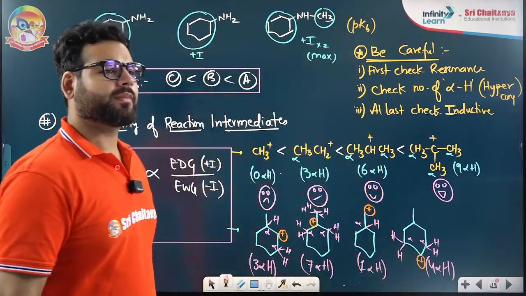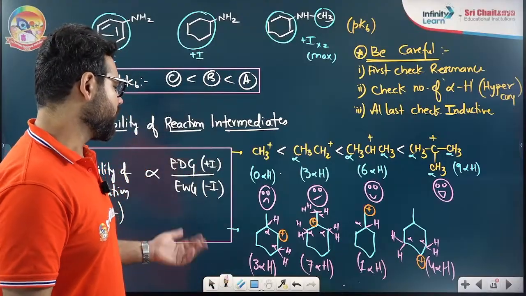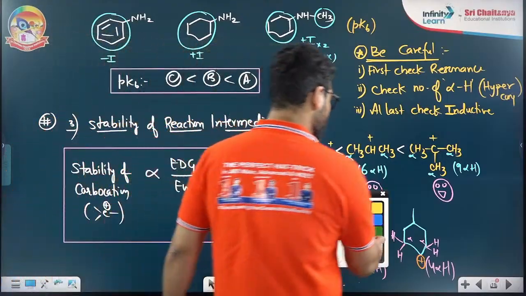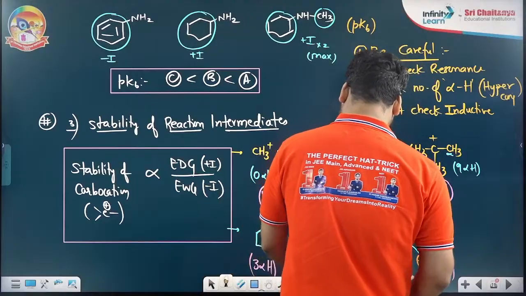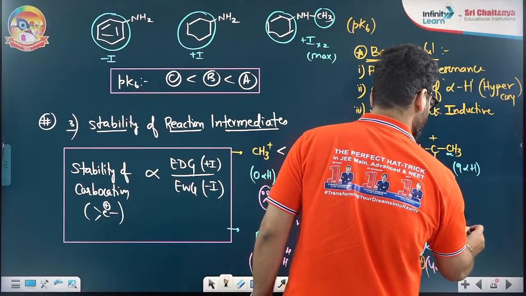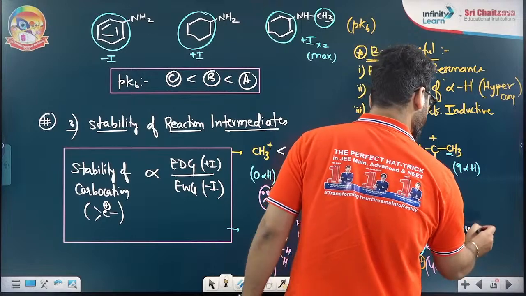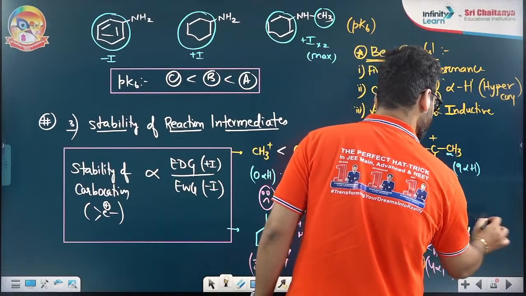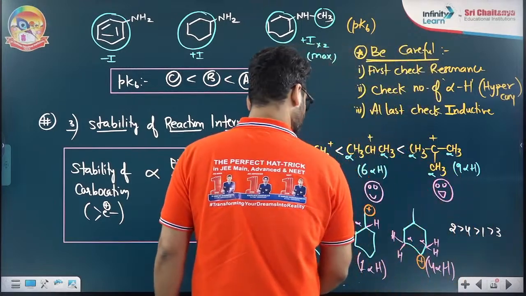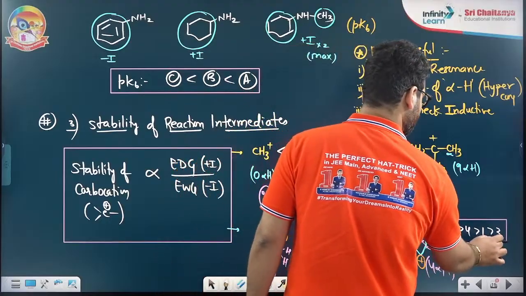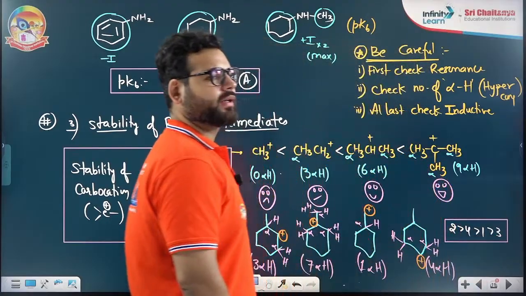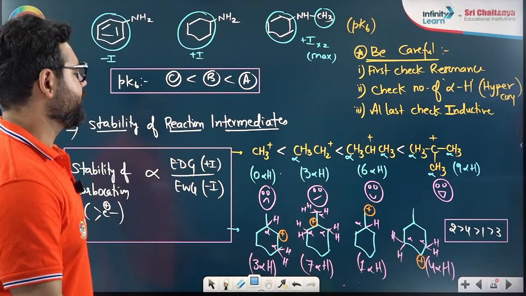So yes, B becomes the best. 2, 4, 1, 3. That's good. Very good. 2, 4, 1, 3 is the answer. Okay.